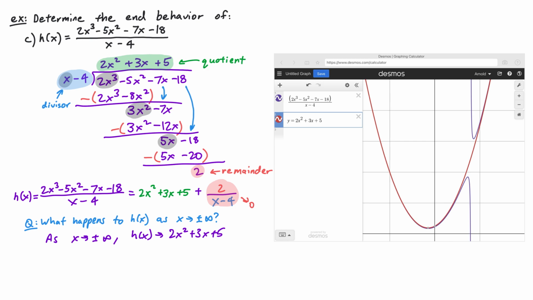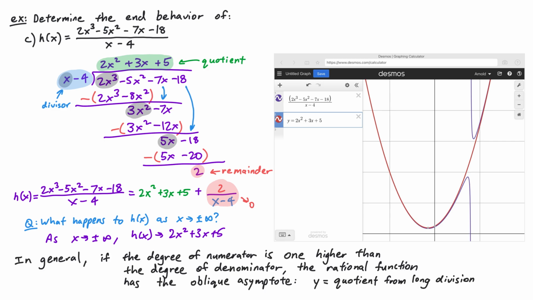In our current example, the numerator is degree 3, but the denominator is degree 1. It's 2 higher degree, that's why our end behavior ended up being a quadratic. But if our numerator is only 1 higher degree, then our end behavior will be a linear function, and that's when we'll have an oblique asymptote.